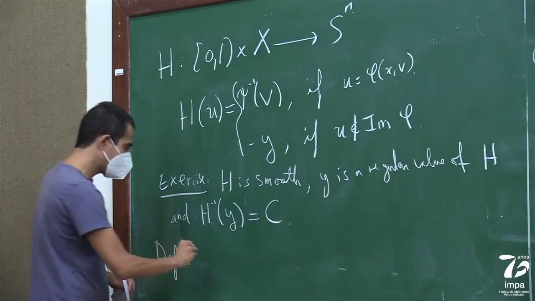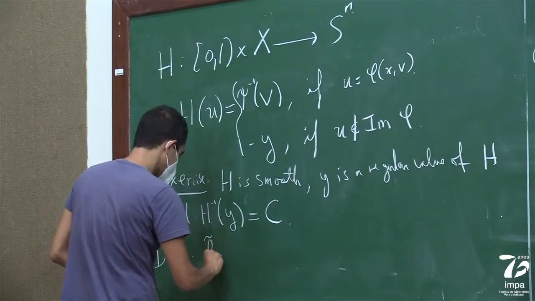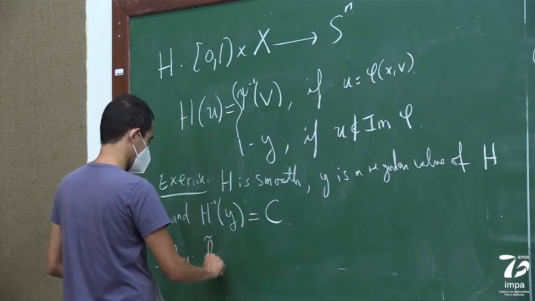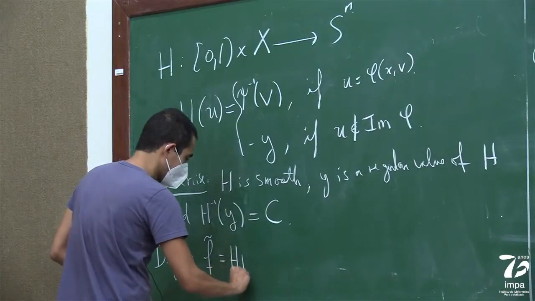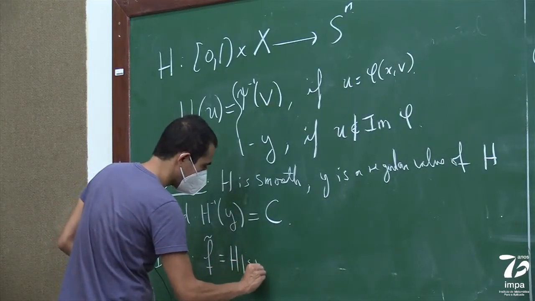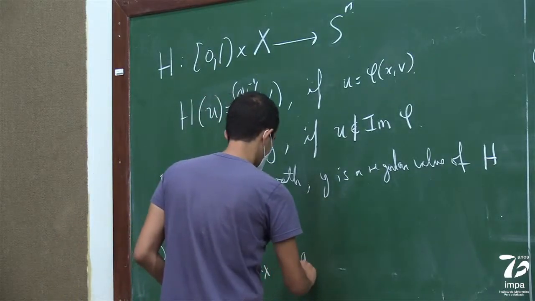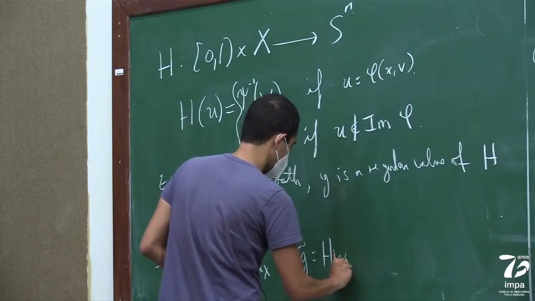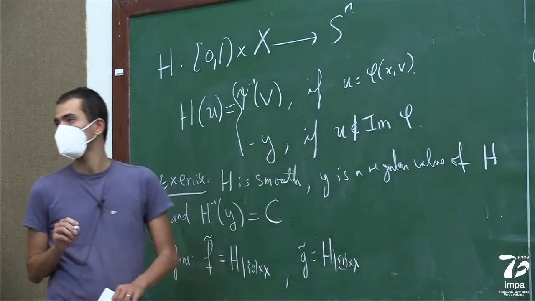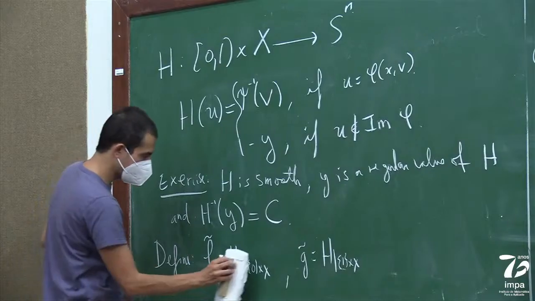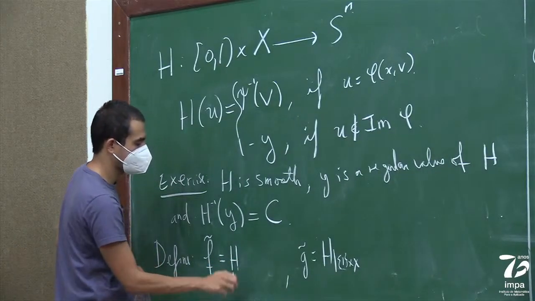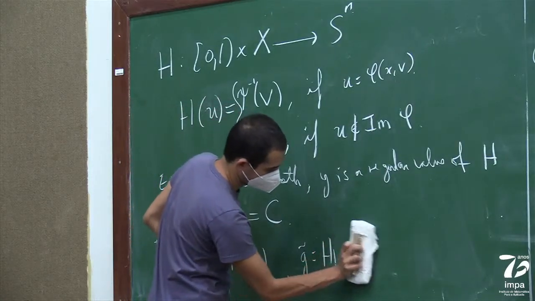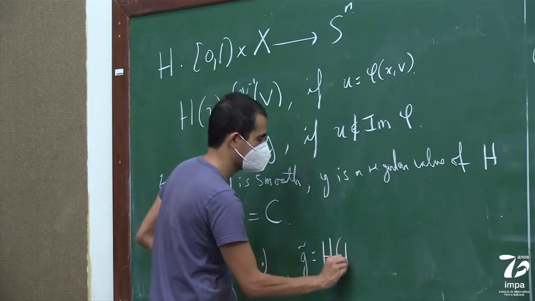And then you can define f tilde to be h restricted to 0 times X, and g tilde is h restricted to 1 times X. To be honest, maybe I should write it like this: h of 0 dot and h of 1 dot.